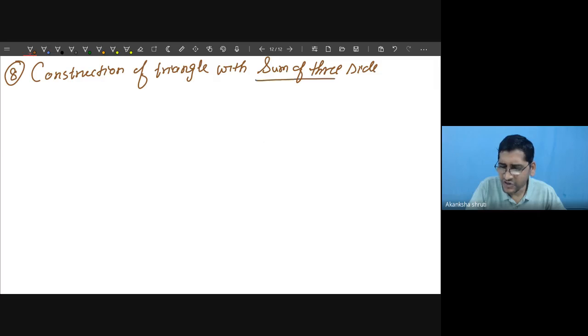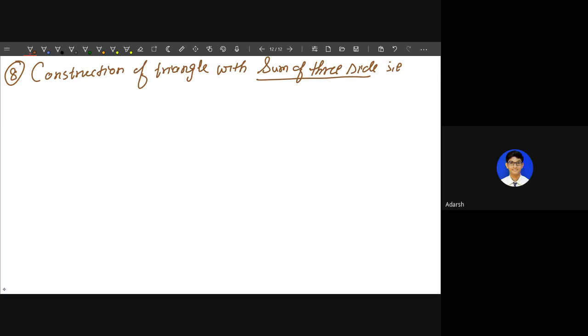Sum of three sides is called what, student? No one is knowing? Sum of three sides of a triangle is called?